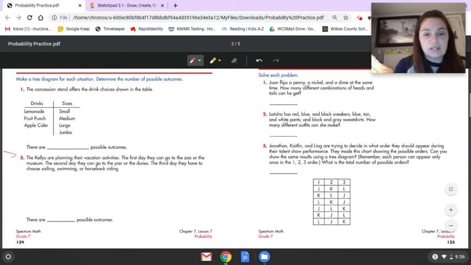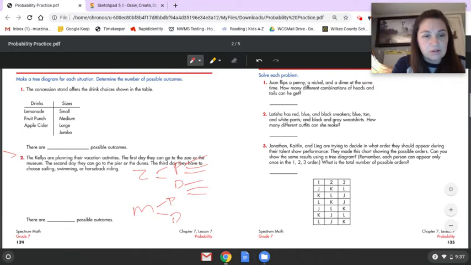The first day they can go to the zoo or the museum. The second day they can either go to the pier or the dunes. So we'll list that just like this because they could choose any combination of these places to visit, on their vacation. They would have to draw it out like this.